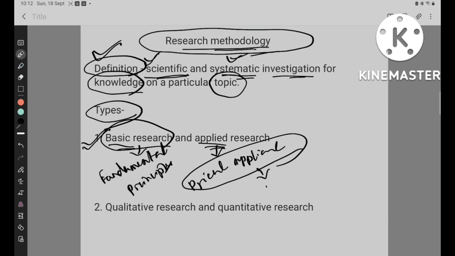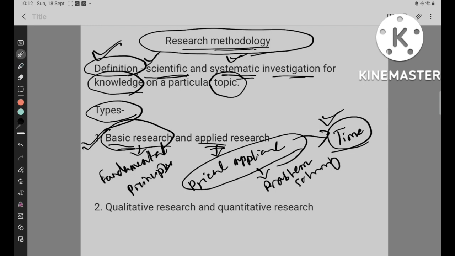It is always based on problem solving research. So this is always a time bound study. There is a certain time to complete the applied research, whereas basic research doesn't require any time constraint. So that is basic research and applied research.